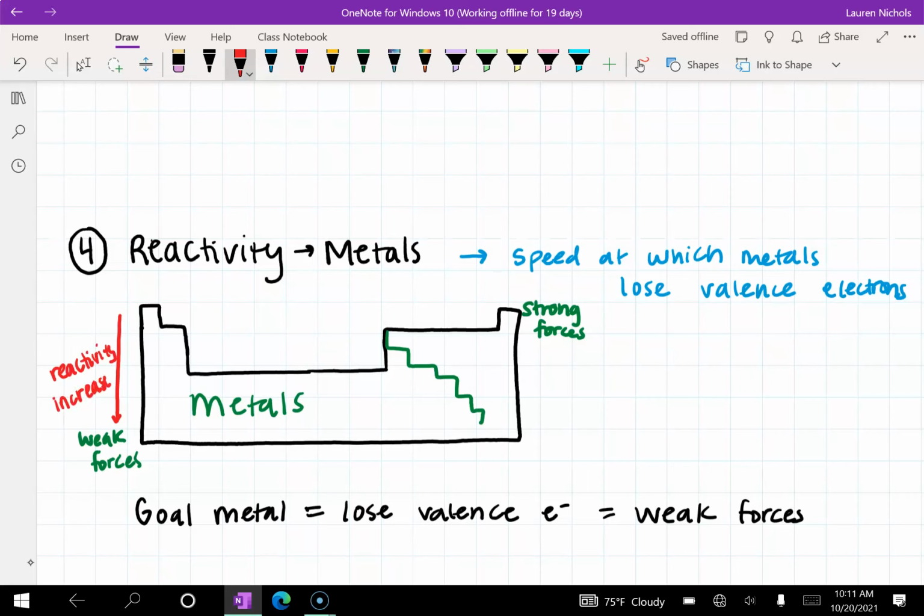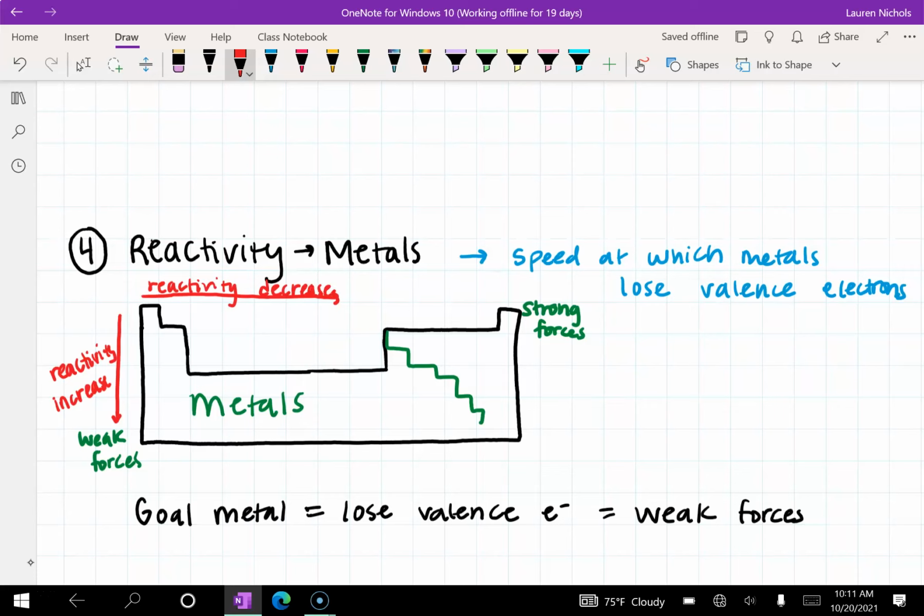And that also means as I go from left to right, my force is increasing, which means it's harder to lose the valence electrons. So it means it's less reactive, or that the reactivity is going to decrease as I go across.